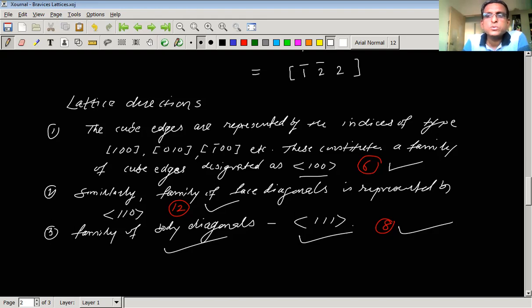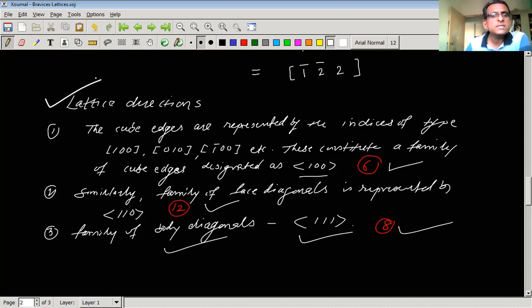Students, in the previous video, we have seen what is meant by lattice directions, how we can imagine different directions in the lattice consisting of different lattice points along them, and accordingly each direction has to be described by assigning certain indices to that.